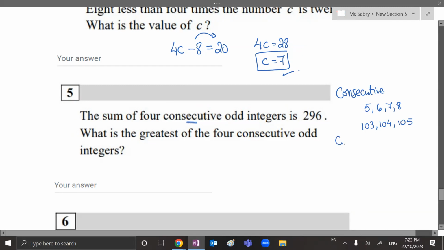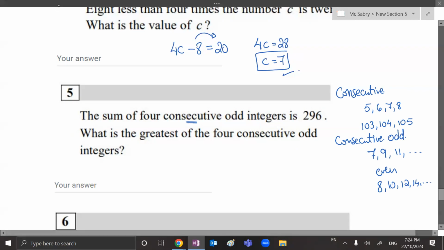If I say consecutive odd, that means odd numbers one after another, for example, 7, 9, 11. Consecutive even would be, for example, 8, 10, 12, 14, and so on.